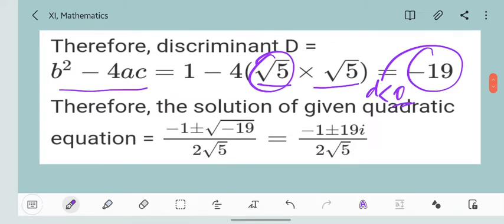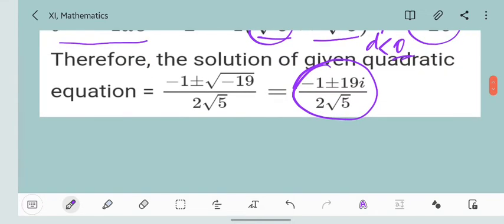So we place the values in the formula, x equals minus 1 plus minus square root of minus 19 upon 2 root 5. Right? So this becomes minus 1 plus minus 19 i over 2 root 5. Here again we have two values of x.